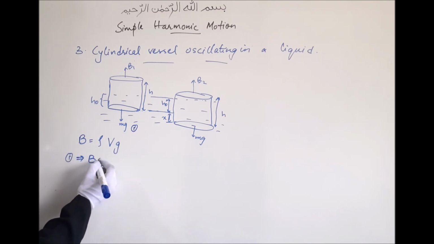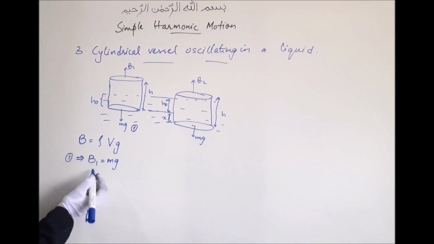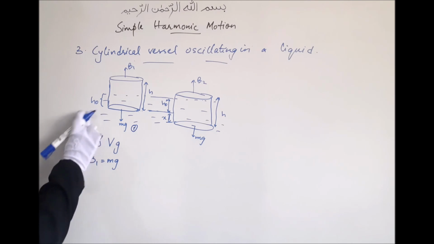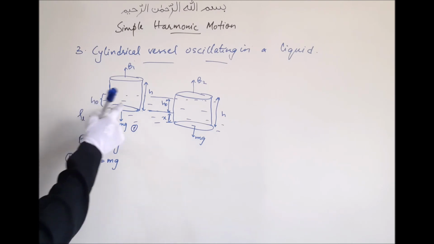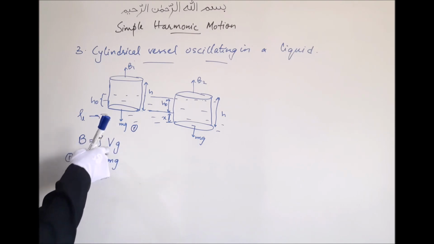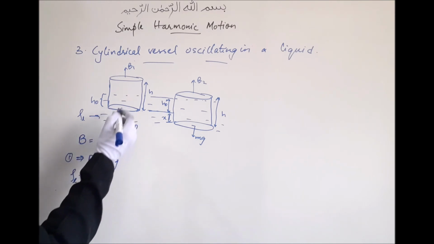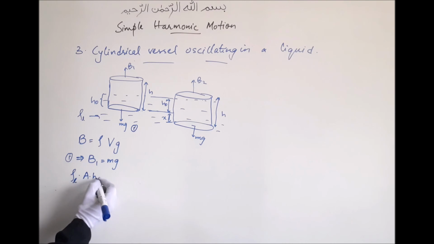So for equilibrium, this first one, the buoyant force B1 is equal to mg, because it is at equilibrium, both forces will balance each other. And B1 will be the density of the liquid, let's call it rho L, times the volume of that part of the cylinder which is immersed inside the liquid, and that let's say is A into h naught, where A is the area, and then we have g.